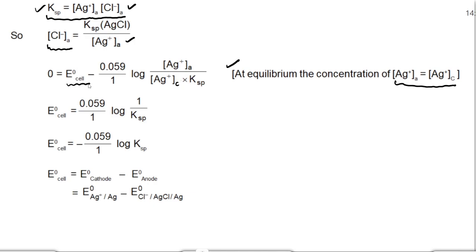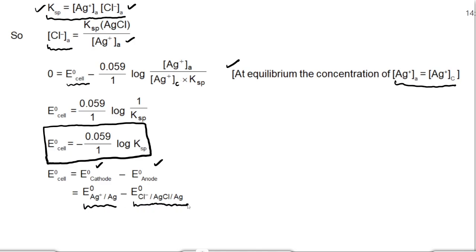We take E naught cell on the left side, so the sign is minus minus, so cancel, it is log of 1 upon Ksp. So E naught cell is equal to 0.0591 upon n, that is 1, log of Ksp, and E naught cell is E naught cathode minus E naught anode, where cathode is Ag plus to Ag and anode is Cl negative, AgCl, Ag.